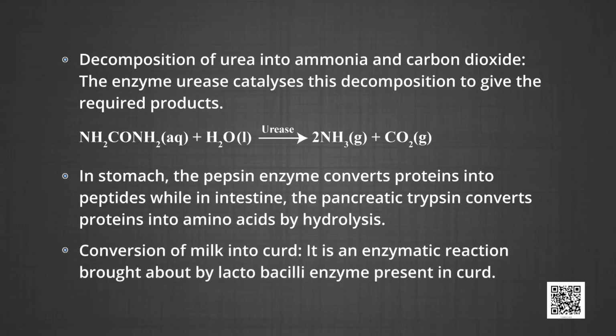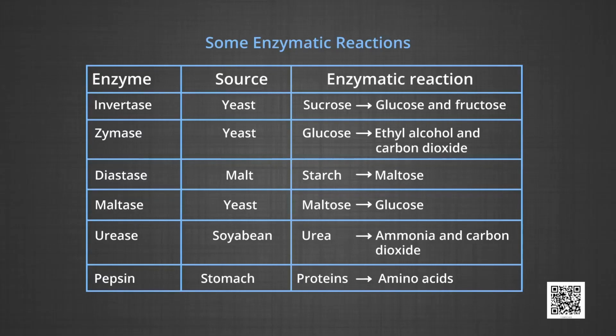Number 7, conversion of milk into curd. It is an enzymatic reaction brought about by lactobacilli enzyme present in curd. These details along with the sources are tabulated for your ready reference.